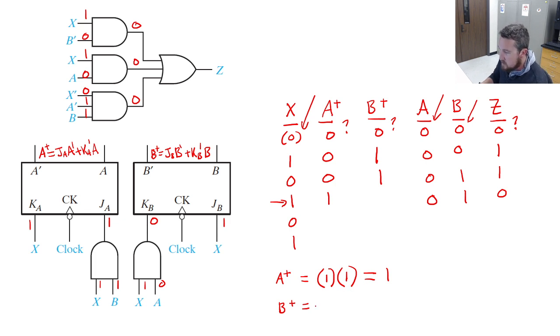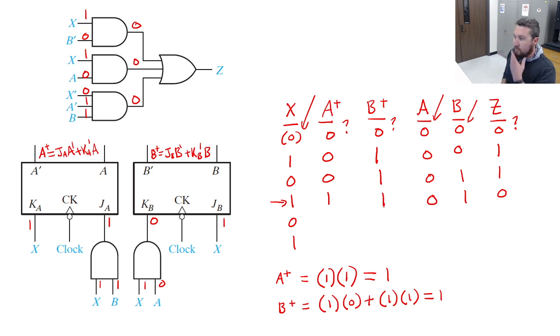Now B plus: JB is 1, and B prime is 0, or KB prime is 1, and B is 1. So they're both going to be equal to 1. So A plus is 1, B plus is 1, and we're ready to move to the next step.